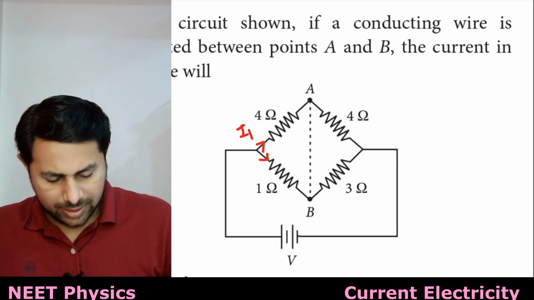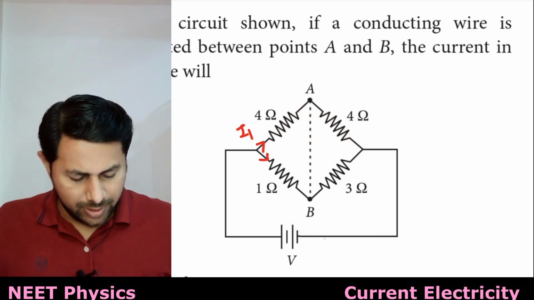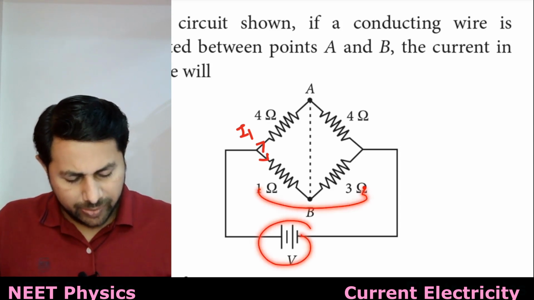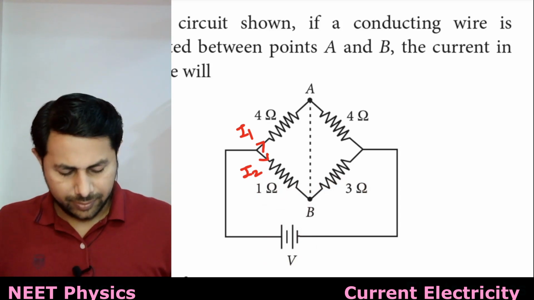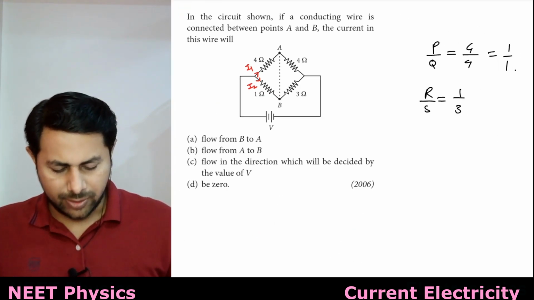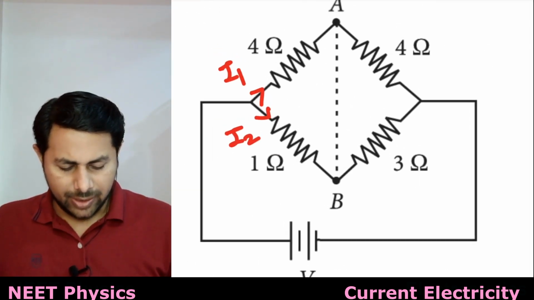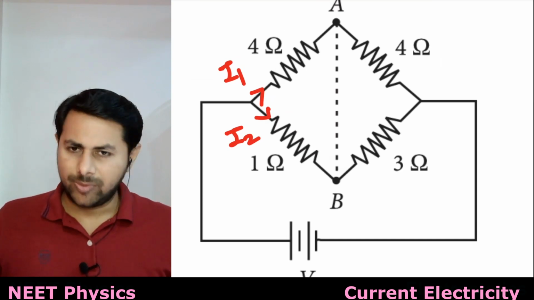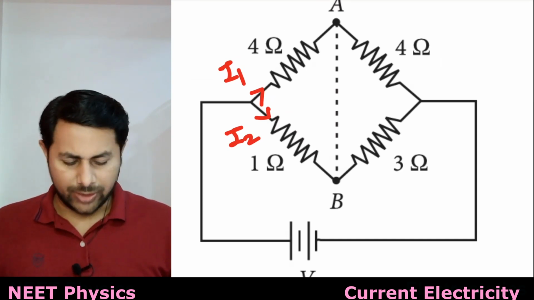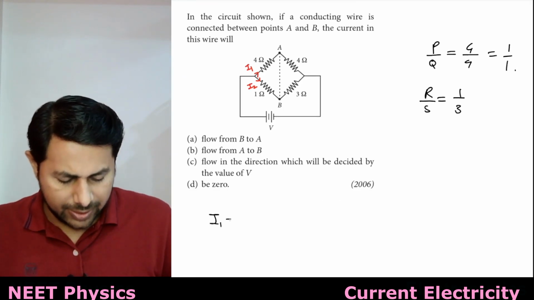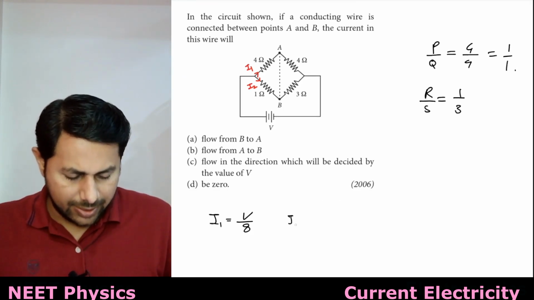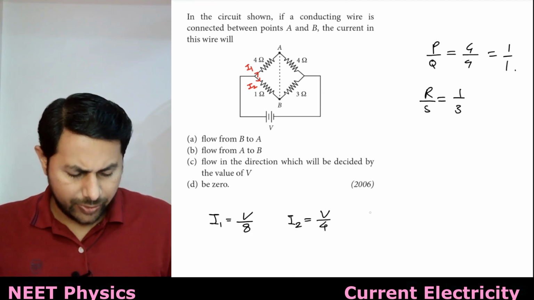And the current in this branch would be I2, which is V by 1 plus 3, that is V by 4. Then tell me, the current in which branch is more? I2 is more. I1 is equal to V by 8, I2 is equal to V by 4, so I2 is greater than I1.